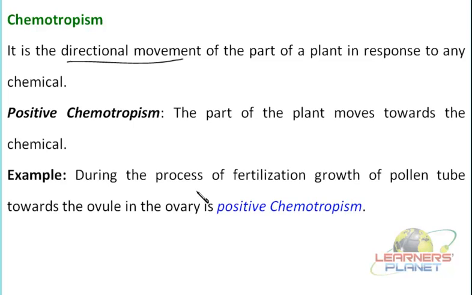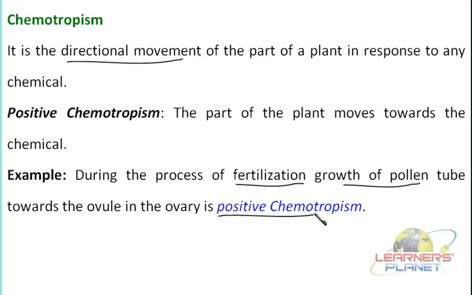In this case, the process of fertilization, or the growth of the pollen tube, is one example of positive chemotropism. What happens during fertilization? The initial phase of sexual reproduction in the plant is pollination, when the pollen grains are transferred to the female part of the plant and stuck over the stigma.